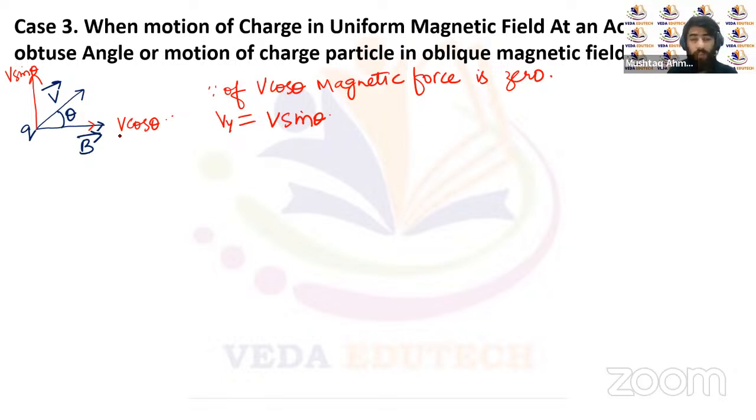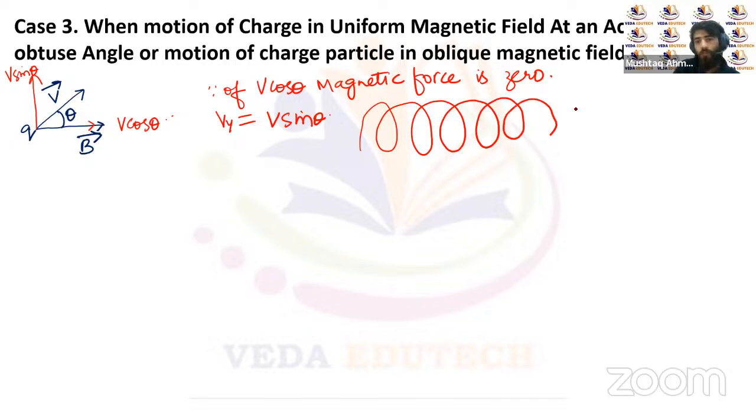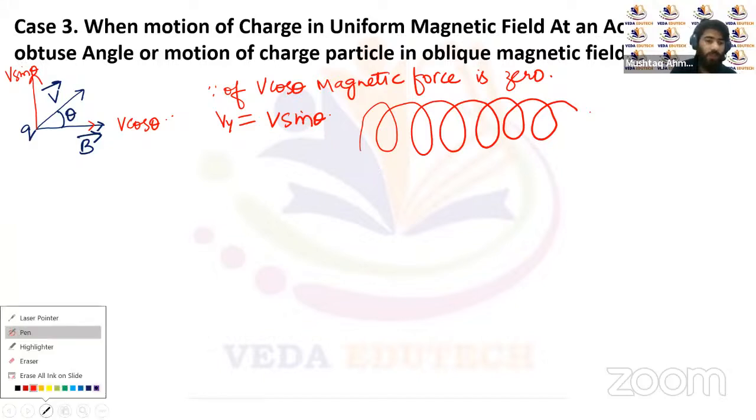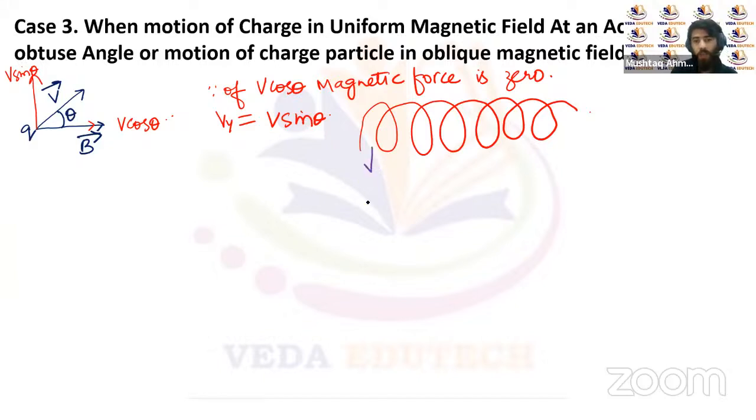So in that case, the particle will move like this. This is the trajectory of this particle. It means that this charged particle will move along a helical path.